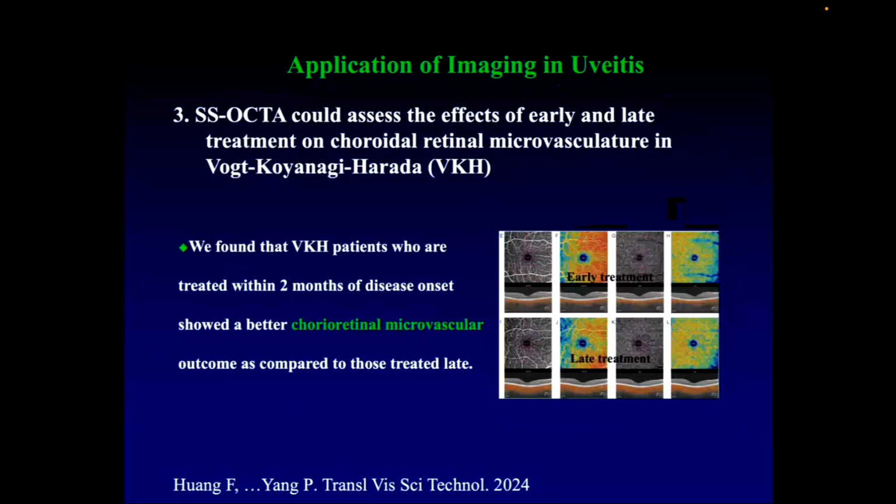SS-OCTA could assess the effects of early and late treatment on choroidal and retinal microvasculature in VKH. We found that VKH patients who are treated within 2 months of disease onset showed a better choroidal retinal microvascular outcome as compared to those treated late.